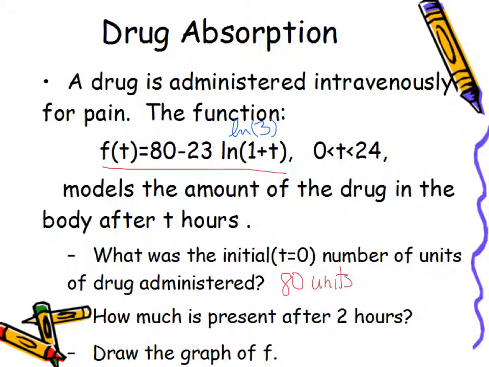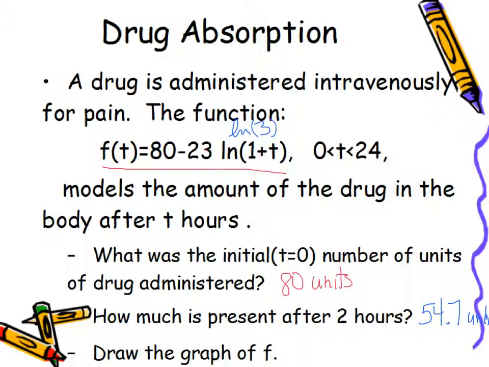So if you go to your calculator, you're just going to take 80 minus 23 times the natural log of 3. And you should get 54.7, which seems reasonable. I had 80 units to start with, and then it starts to wear off, so it should be less than 80. So 54.7 units is what's left.